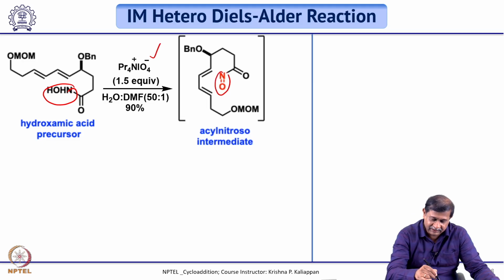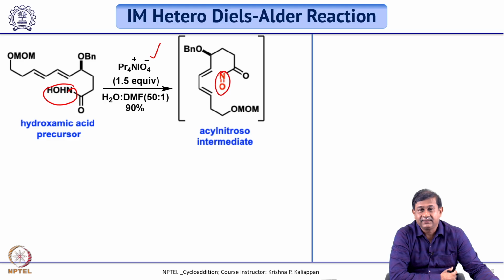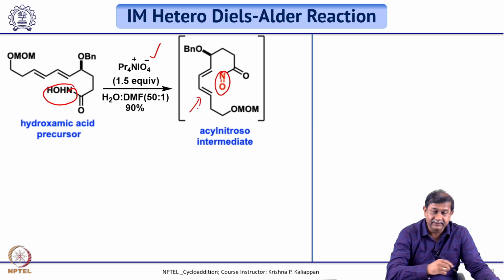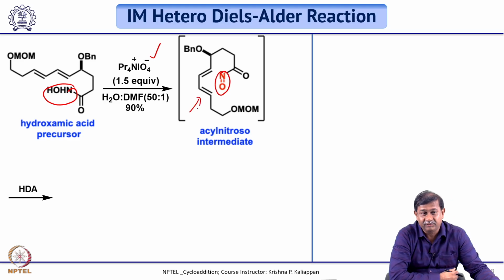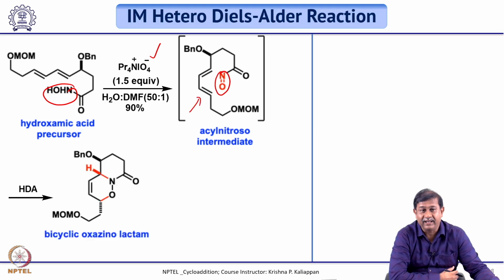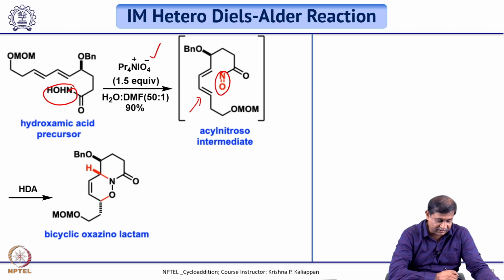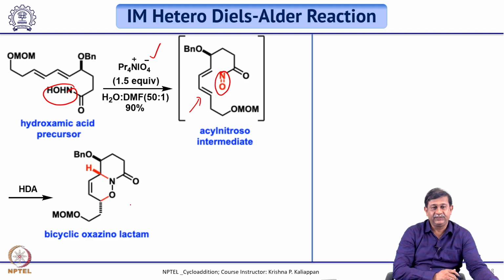So now you see, this is an acyl nitroso compound and can act as a dienophile, and we already have a diene. So this can undergo an intramolecular hetero-Diels-Alder reaction to form this bicyclic oxazinolactone. Okay, one can also cleave this N-O bond later.